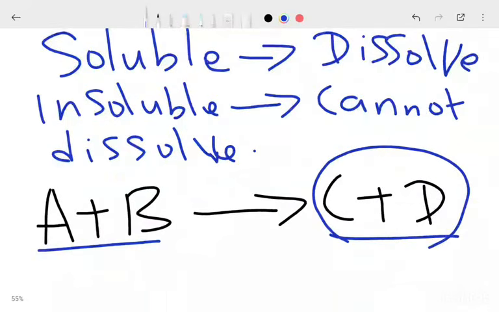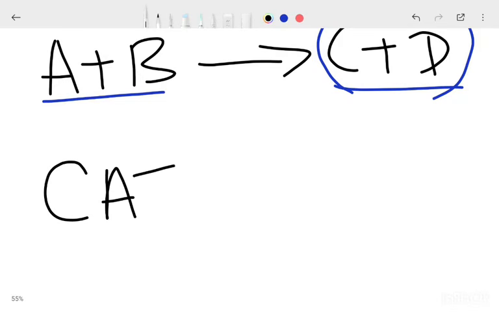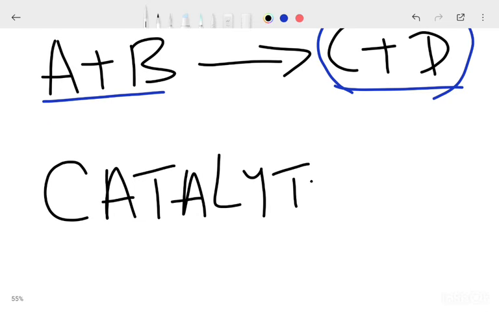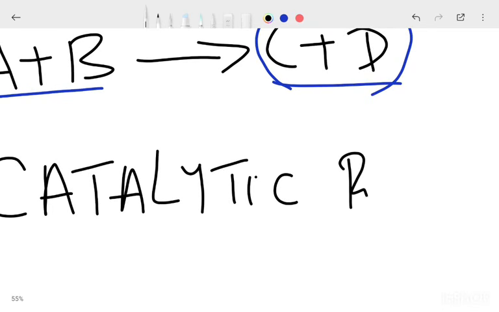I get it. Now let's move to the next one, which is catalytic reaction. This one is number 5. So catalytic what reaction?